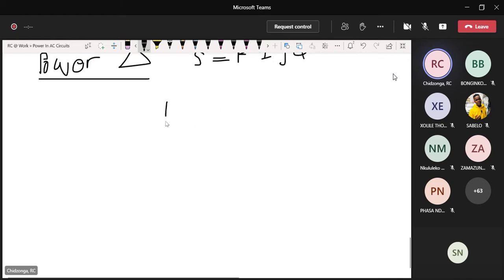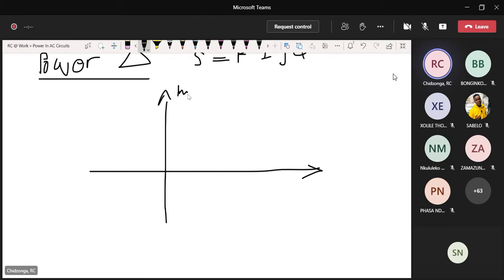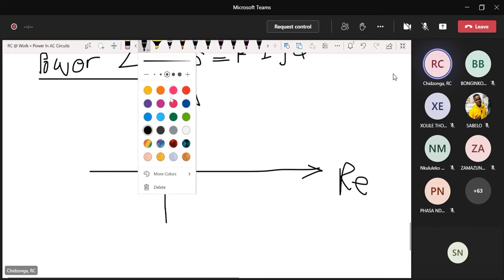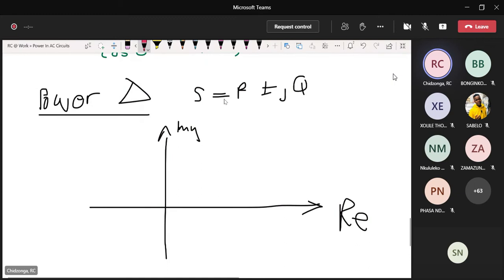If I do my normal XY axis, this is imaginary, this is real. These three quantities can be shown in a right angle triangle because this is just like a point on the complex plane.